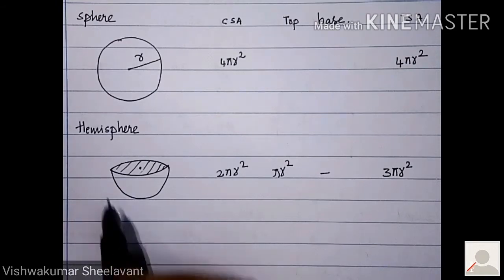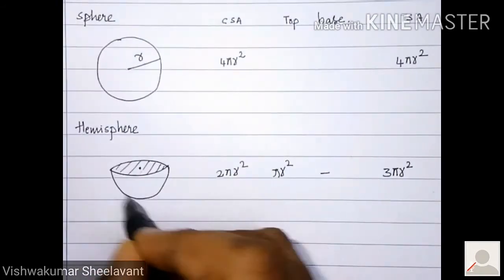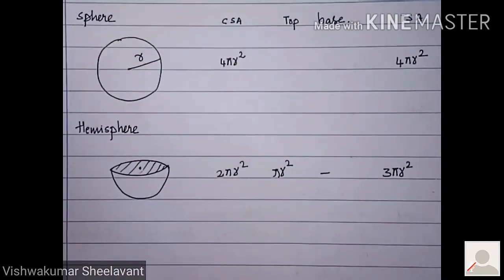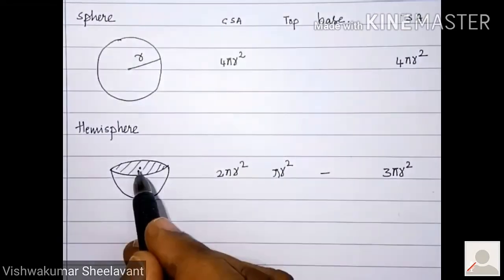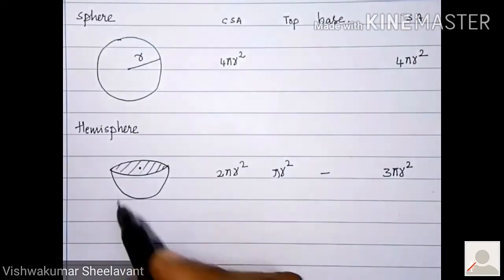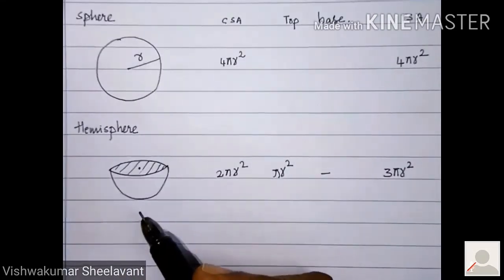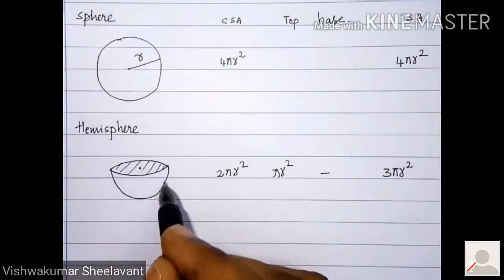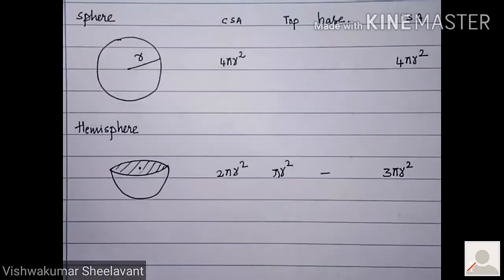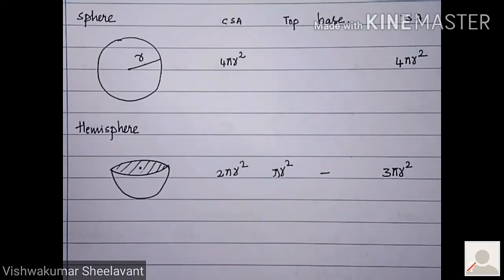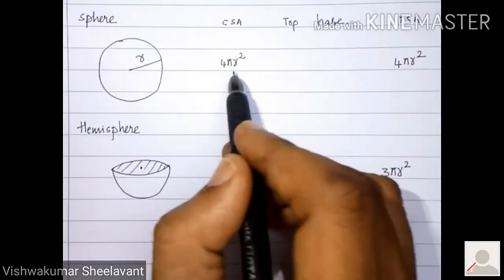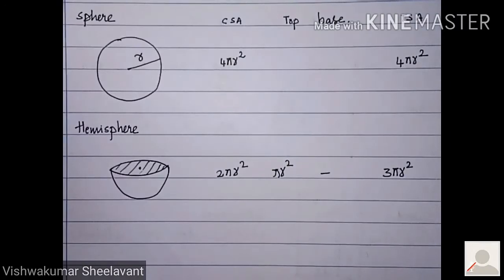If hollow hemispherical bowl is there, then the TSA will become outer CSA plus inner CSA, and that will be equal to once again 4 pi r square, because 2 times CSA we are going to consider.